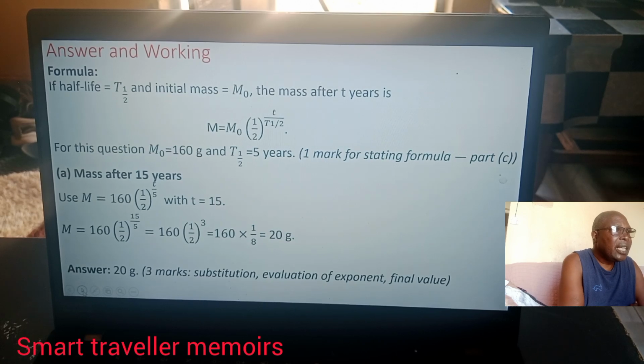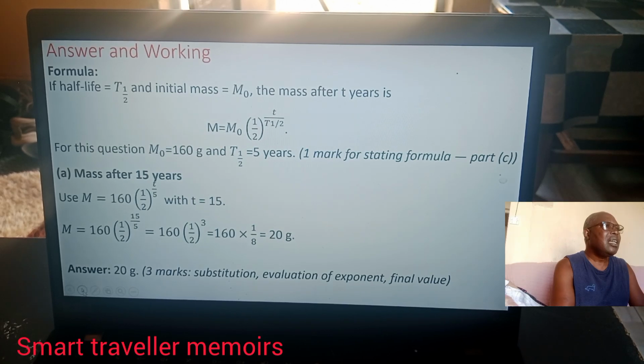So the formula, if half-life is equal to t half and initial mass is m0, the mass after t years is given by m equals m0, or initial mass, times a half raised to t, small t, over the half-life.